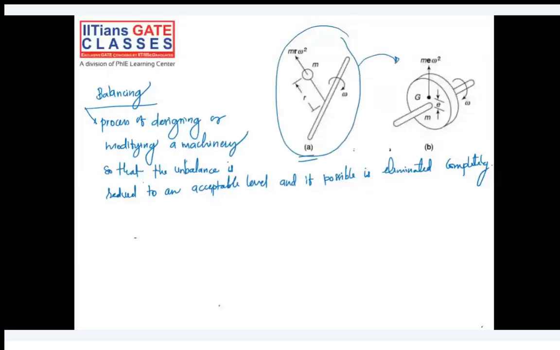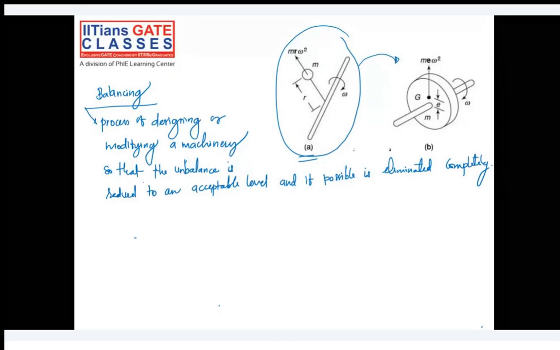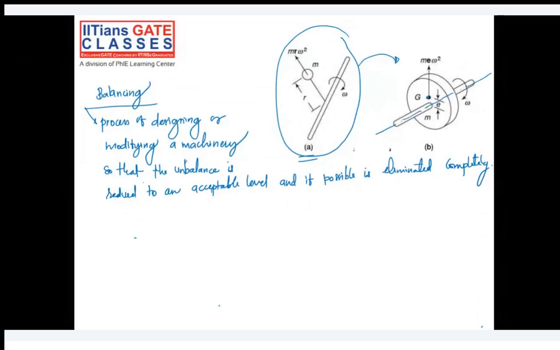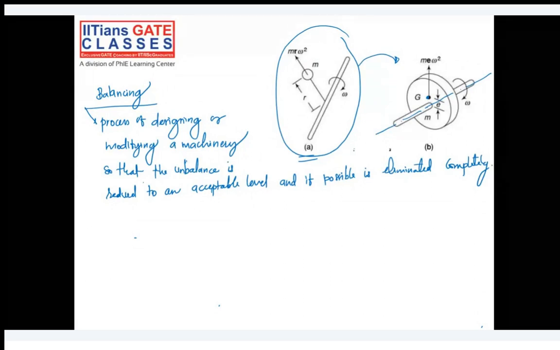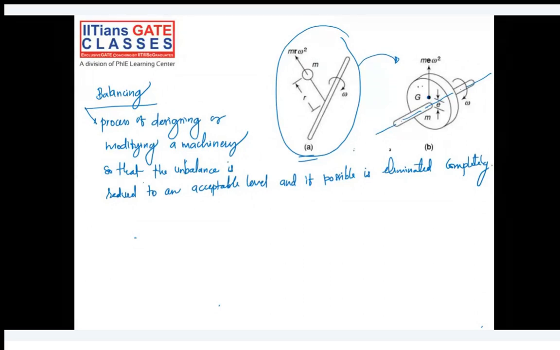Okay, we have a revolving rotor, and this is the axis of the revolving rotor. And we have some unbalanced mass m here. If you don't have unbalanced mass, like every element of this rotor, if mass is equally distributed, then you will see that there is no unbalance here.